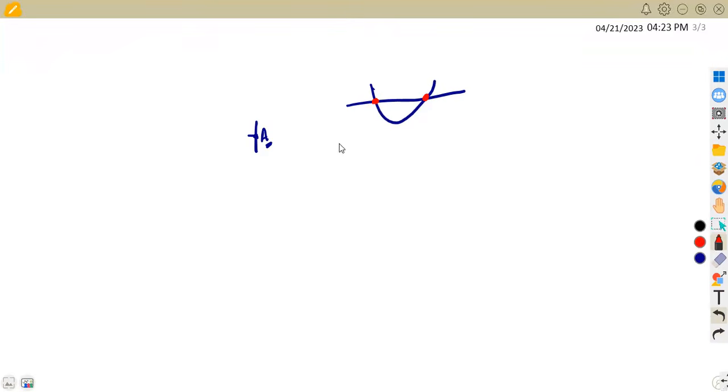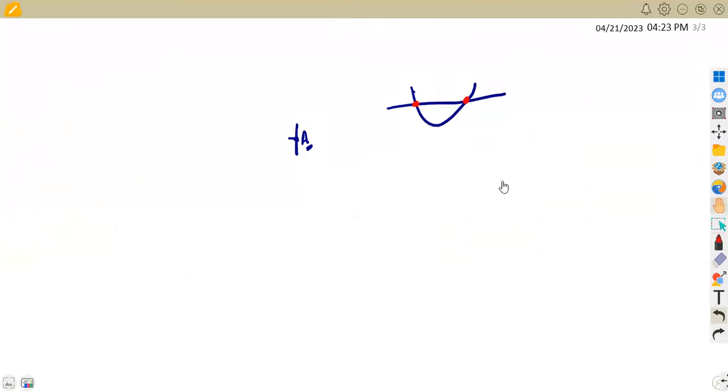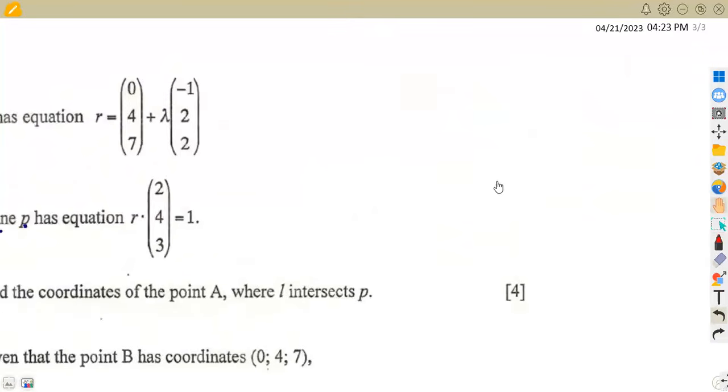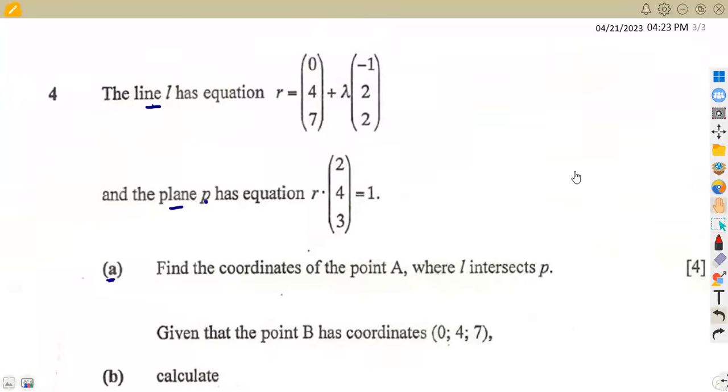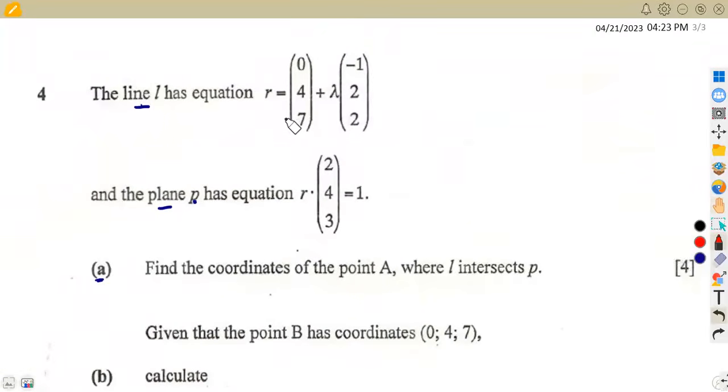So it is the same concept with vectors: if we are given a line and a plane, at a point of intersection these two will be equal.